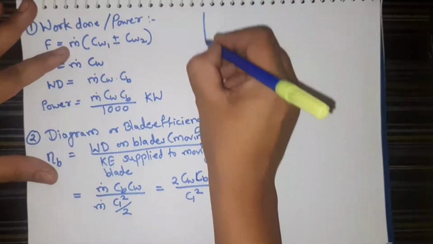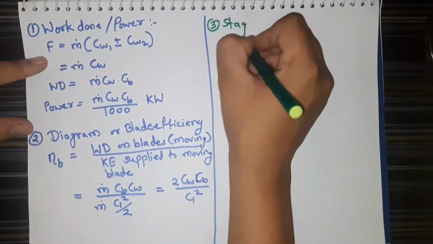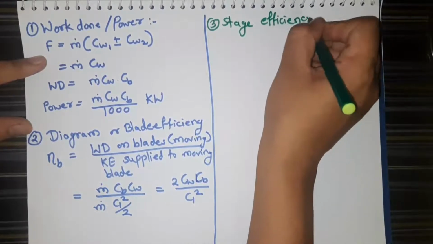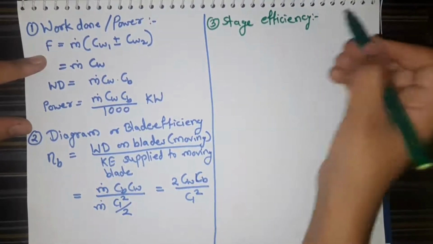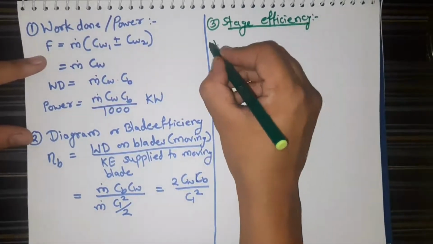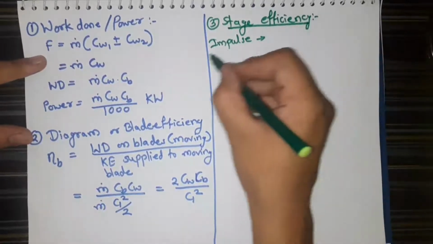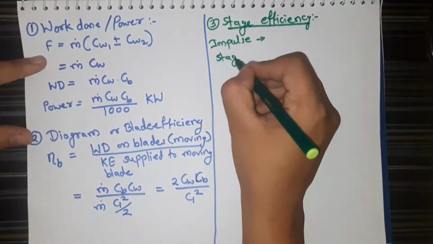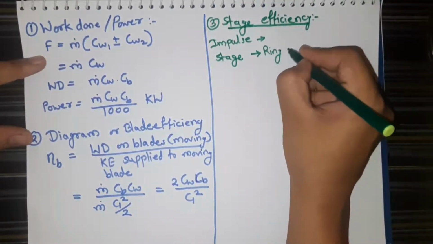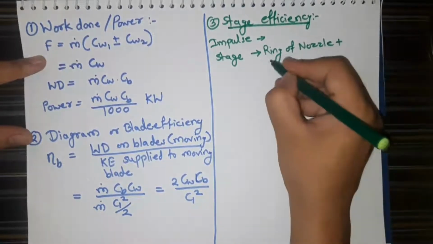The other efficiency is stage efficiency. In the previous video, we have seen what is meant by one stage. For an impulse turbine, one stage means a ring of nozzle plus a ring of moving blade.